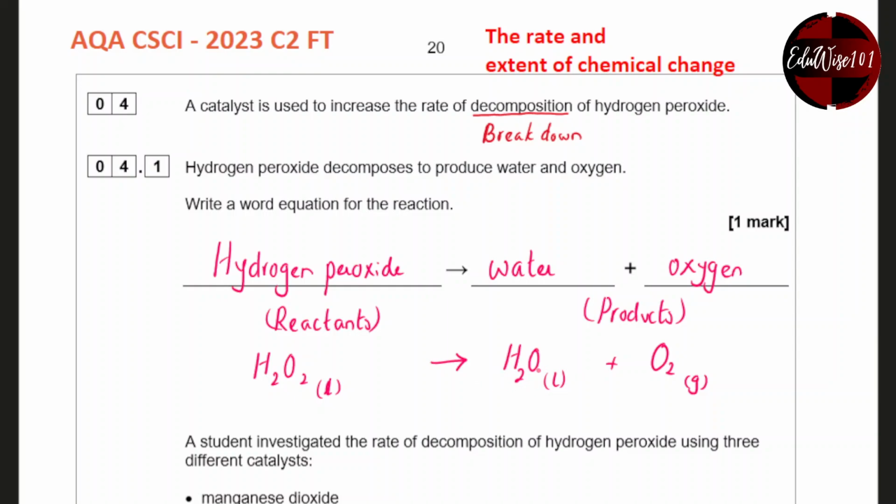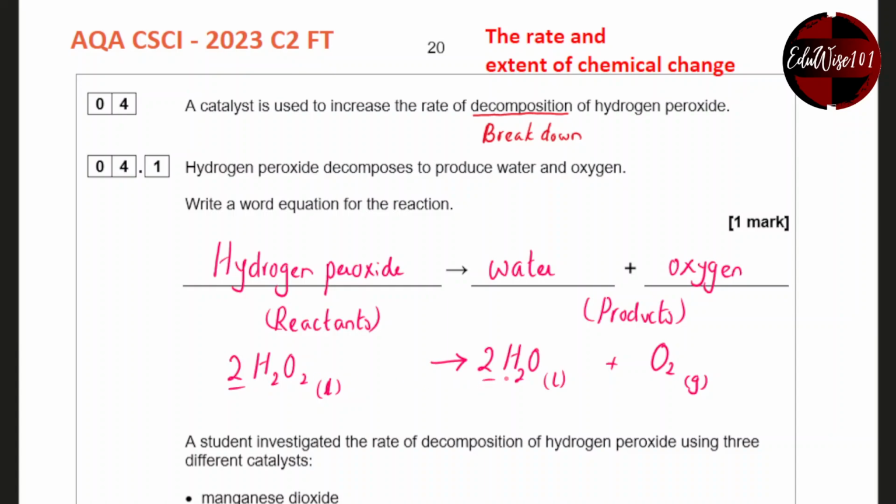There are 2 oxygen on one side and only 2 on the other, so if I add a 2 in front of H2O2 and a 2 in front of water, that makes 4 hydrogen and 4 hydrogen, 4 oxygen on this side, and 2 oxygen plus the 2 oxygen. That will make it balanced.